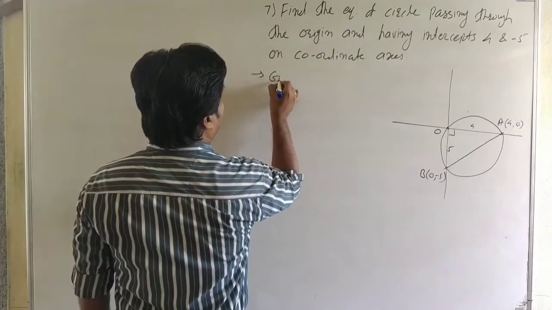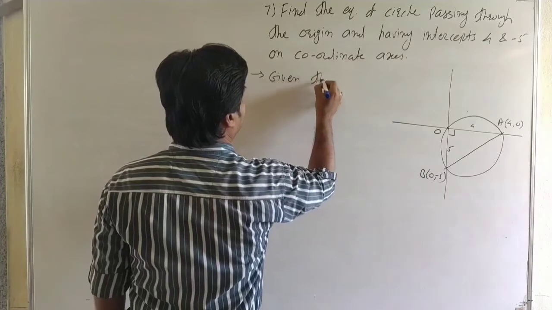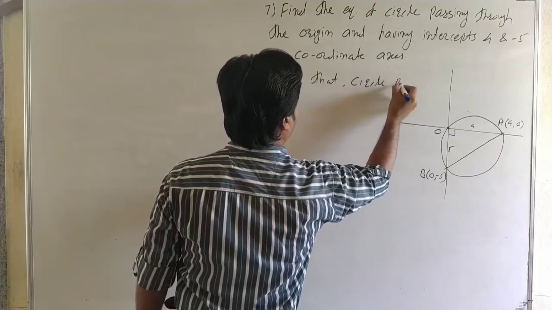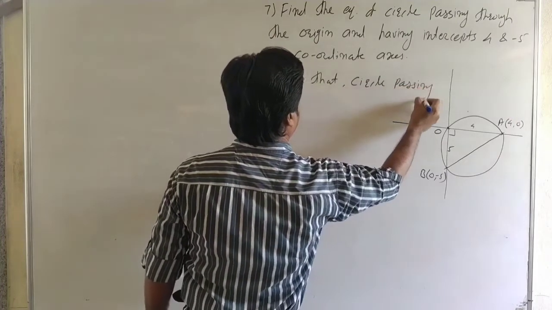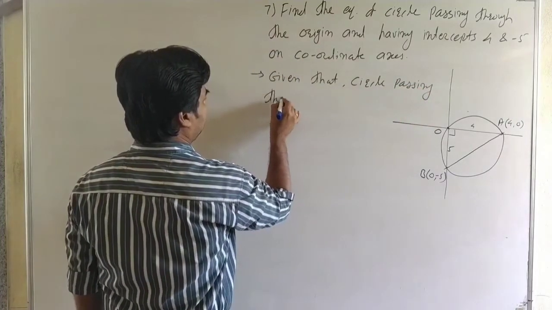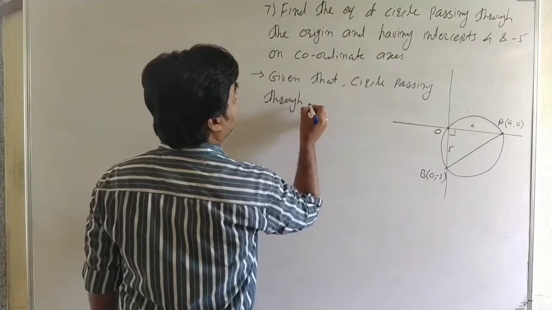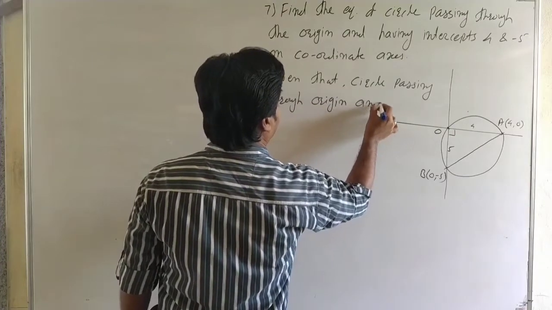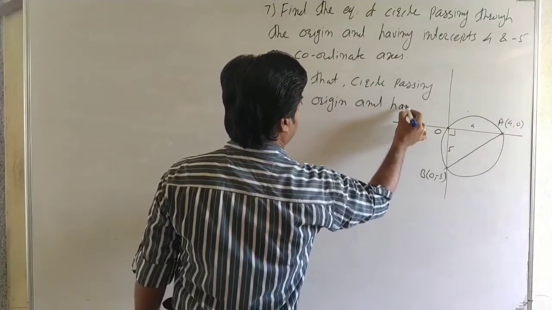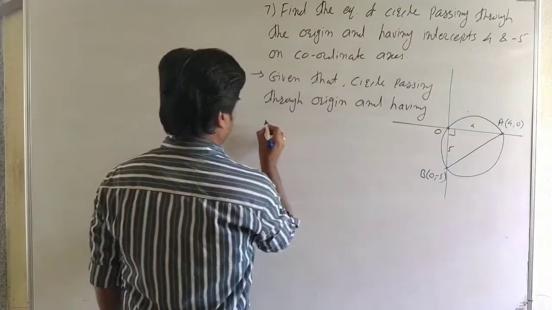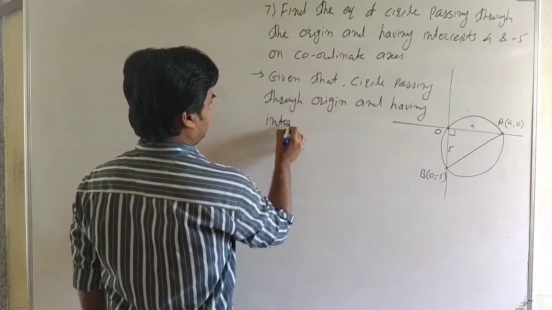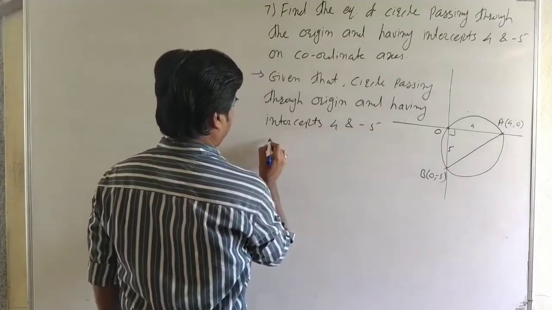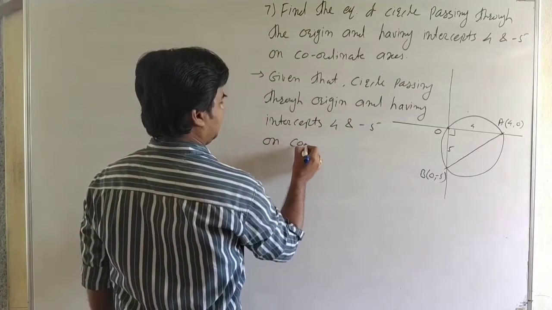Now we can write this. Given that a circle passing through origin and having intercepts 4 and -5 on coordinate axis.